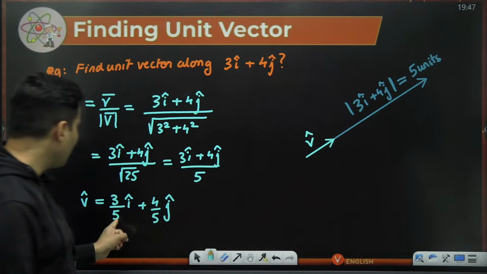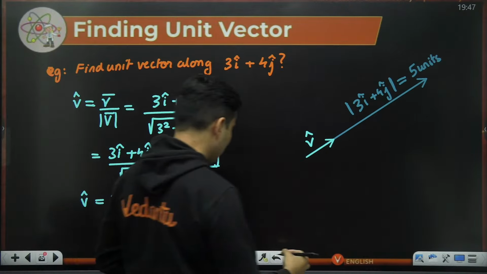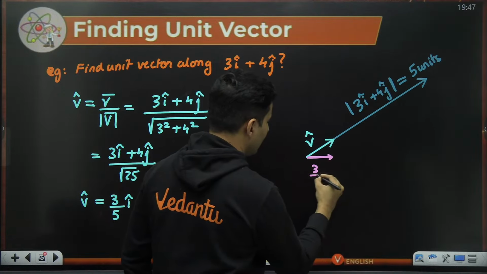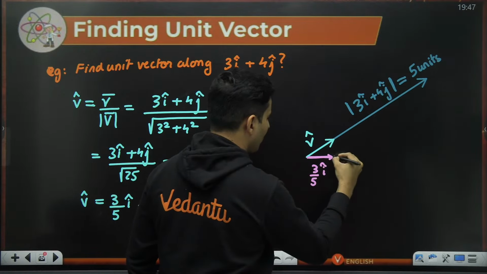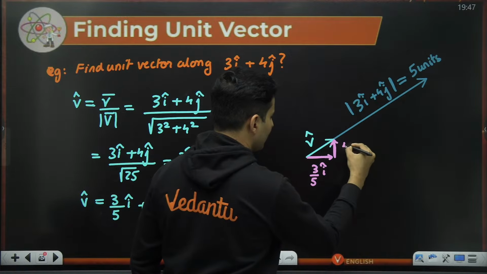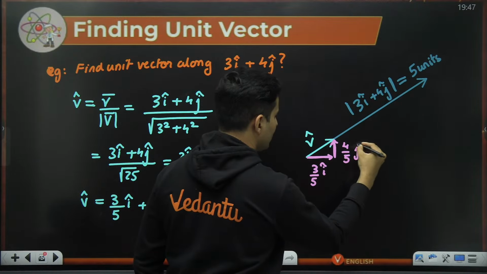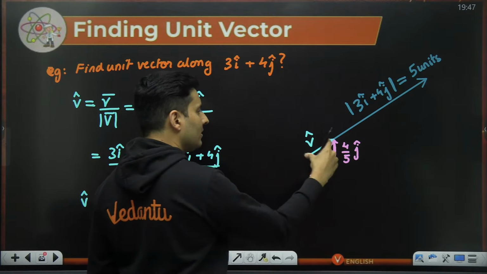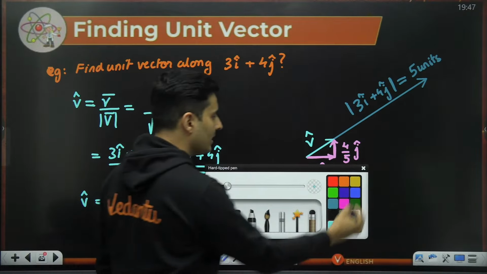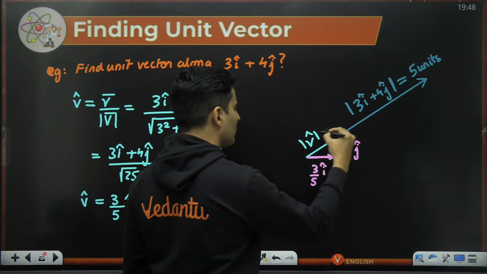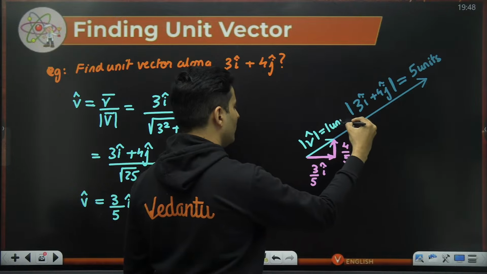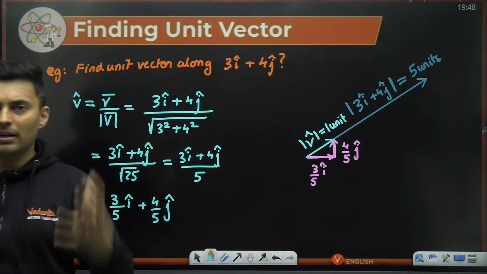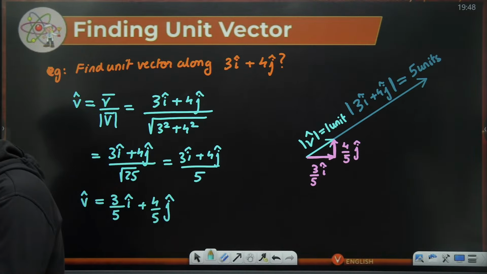And when I say it is 3 by 5 and 4 by 5, it means like this. This much is 3 by 5 i cap and this much is 4 by 5 j cap. These are the components together that make this unit vector. Is this now clear? This is our unit vector whose magnitude is 1 unit. Clear what it means finding a unit vector in somebody's direction?